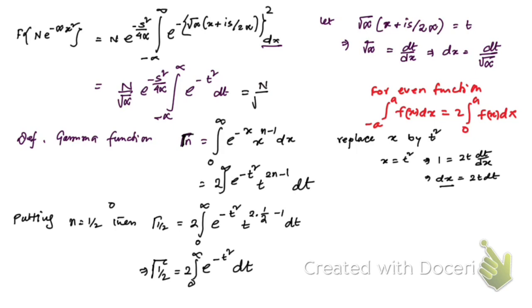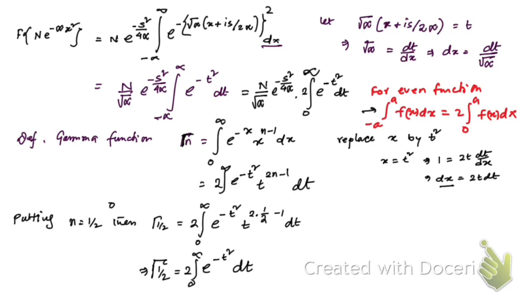If we apply that, then we can write here n root over alpha e to the power minus s square by 4 alpha, then 2 into the integration from 0 to plus infinity of e to the power minus t square dt. That's what we can write, right?